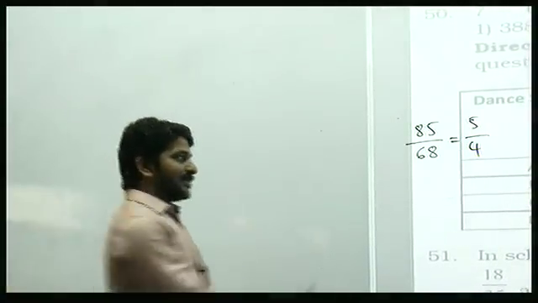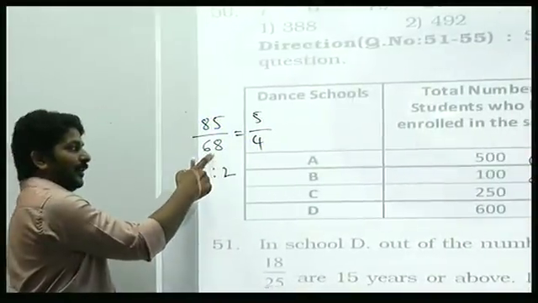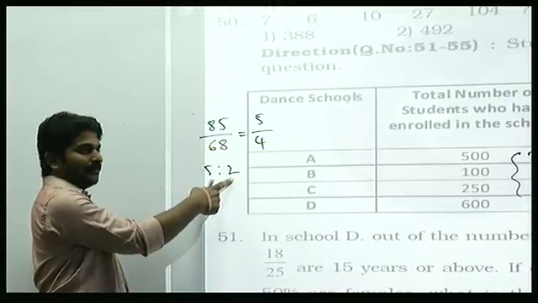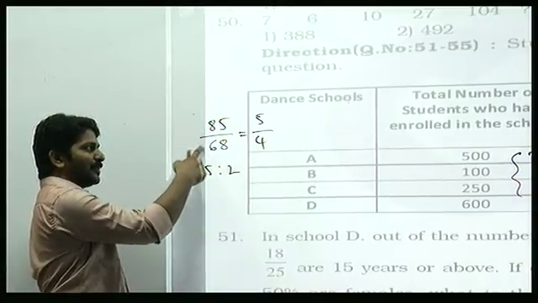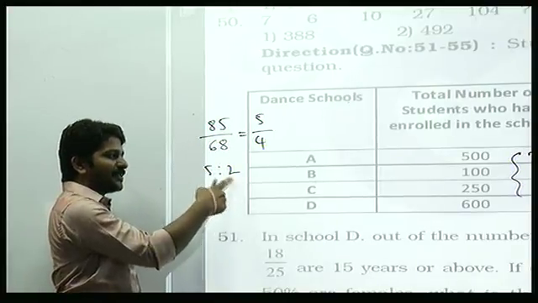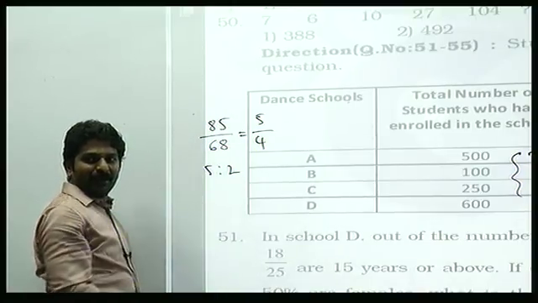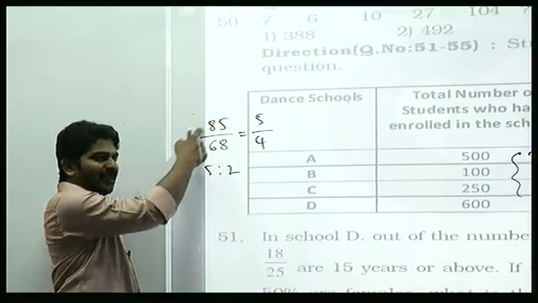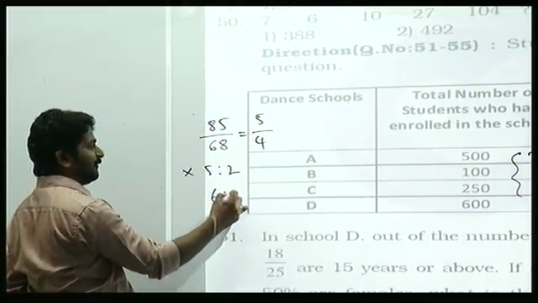See, if you observe your options, first option is 5:2. Denominator is 2 multiple, numerator is also 5 multiple, but difference between these two numbers is near about 20. If 68 is 2 parts, difference 3 parts should be somewhere around 90s, but their difference is not 90s. This cannot be your answer. Second option, 6:5.